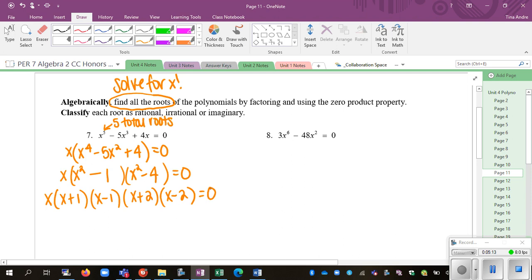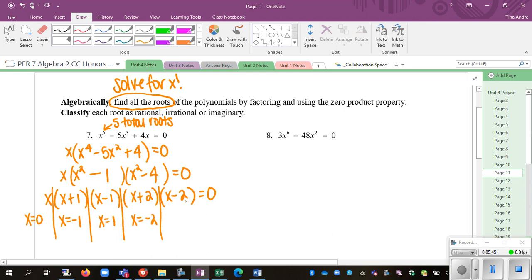And now that this is a product of linear factors, meaning all of these have been factored completely, and it's a product equal to 0, I can set each piece equal to 0. So I'm going to split all of these up, and I'm going to end up with x equals 0. x plus 1 equals 0, which is just x equals negative 1. x minus 1 equals 0, so x equals 1. x plus 2 equals 0, so x equals negative 2.